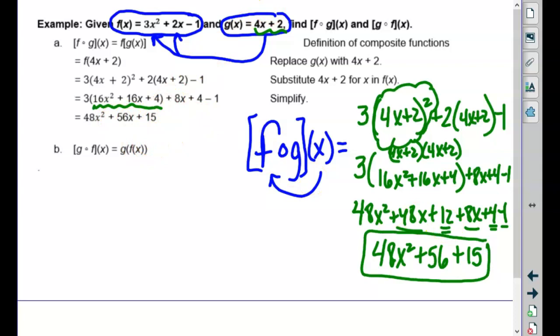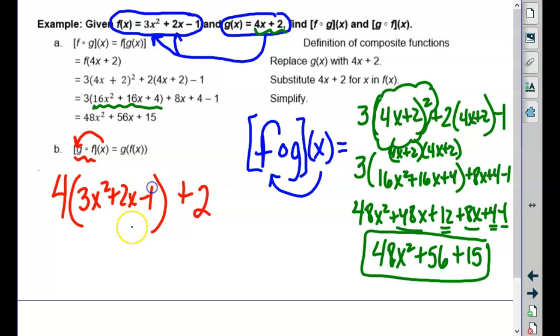Now, much easier. This one says put f into g. Anybody know what that's going to look like? You're putting all of this into g. So you're writing down g. There's g. But what am I going to put in there? Yeah, the whole f thing. 3x squared plus 2x minus 1.